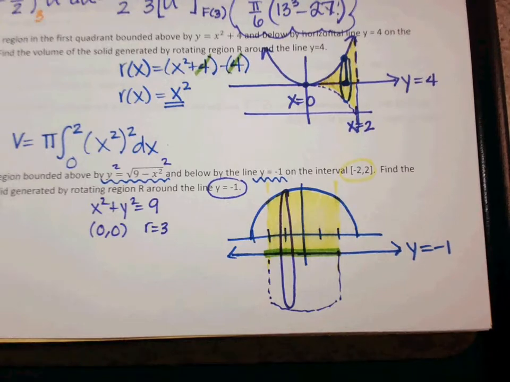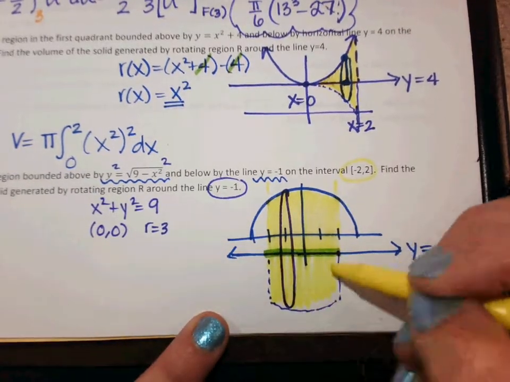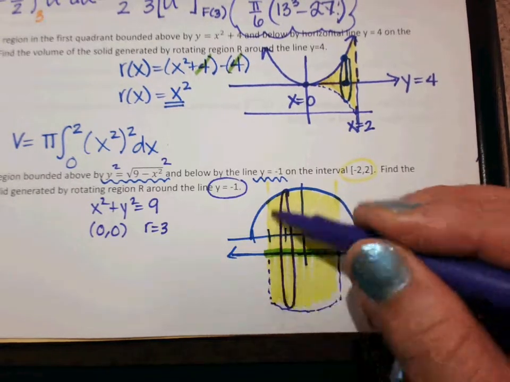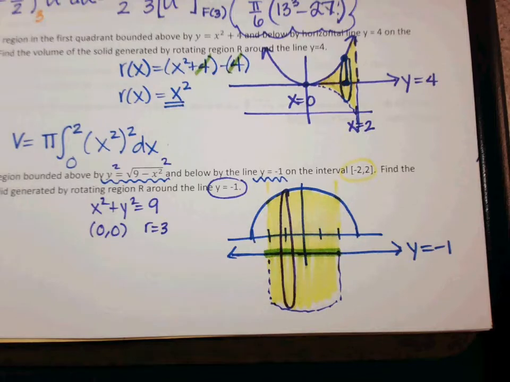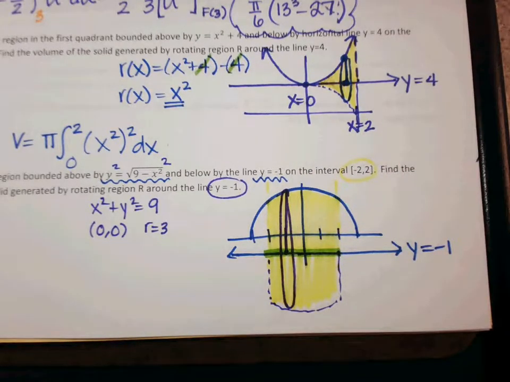Okay, but it'd be going around in a circle, so it'd give you this solid shape that's round on the edges, but flat on one side, flat on the other side. Okay, draw in your radius. This is the first one we've done that is not revolving totally around its own self.